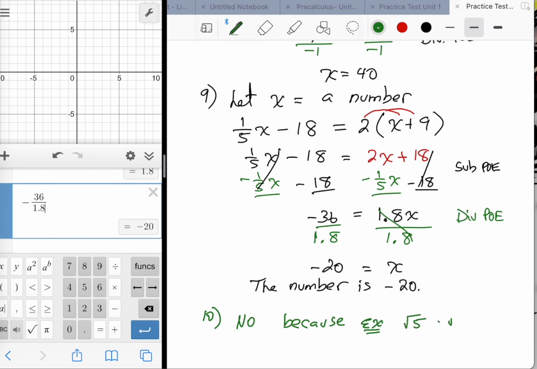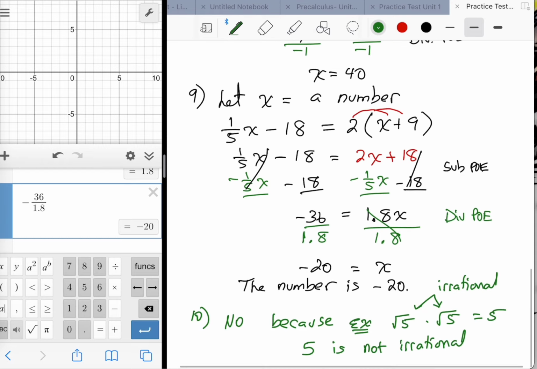Radical 5 times radical 5 is equal to 5, and 5 is not irrational. All right, these two numbers are each irrational. So we're starting off with the irrational set, and we're getting a result that's not irrational, so it can't be a closed set.